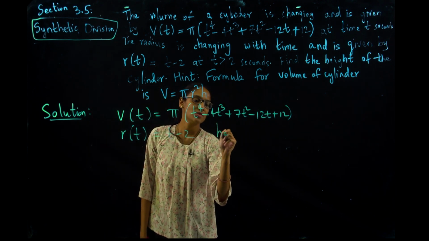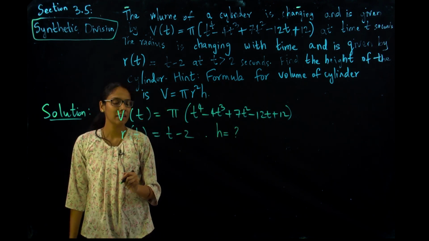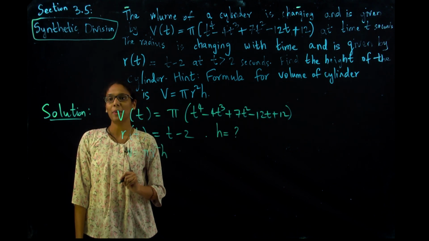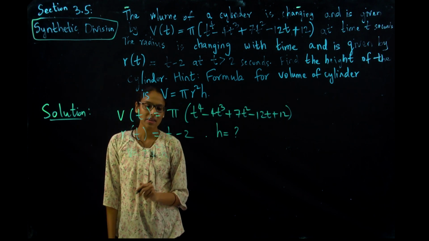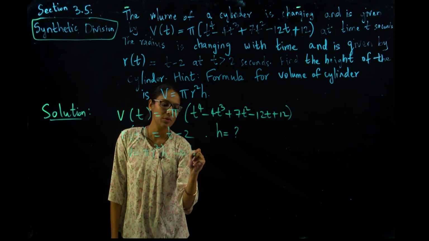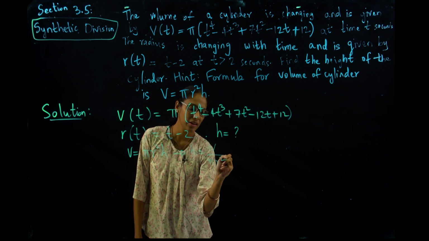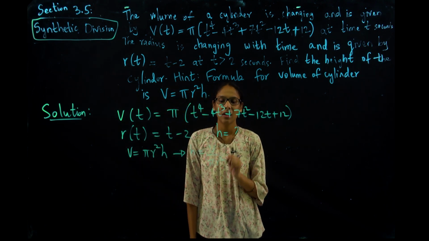We are asked to find h. Using the volume of the cylinder formula, V equals pi r squared h, solving for h, we would get h equals V divided by pi r squared.